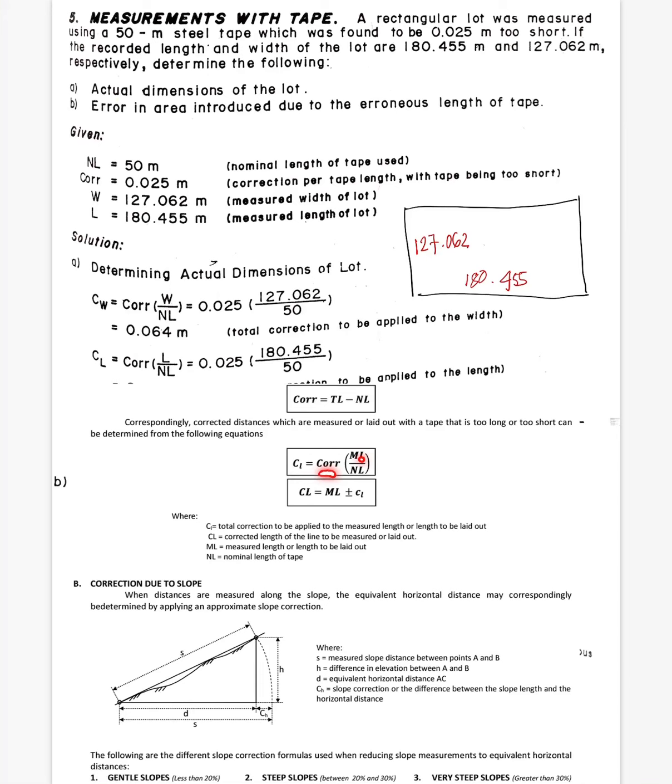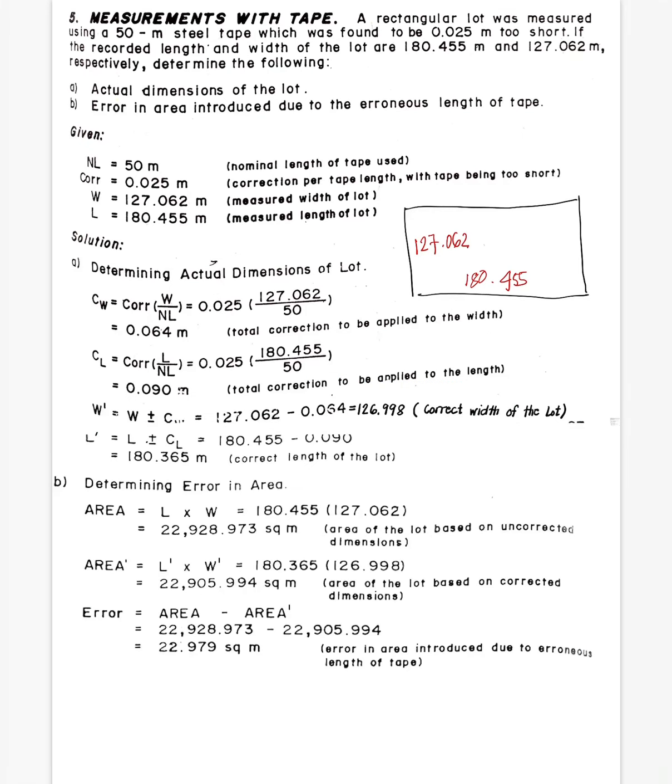That is equivalent to the correction multiplied by the measured length, ML, divided by the nominal length. And your corrected length, that is CL, is equal to the measured length or the length to be laid out plus minus, it depends on whether that is measured too short or too long, or laid out too short or too long. So that is the total correction. Okay, so we have here the formula.